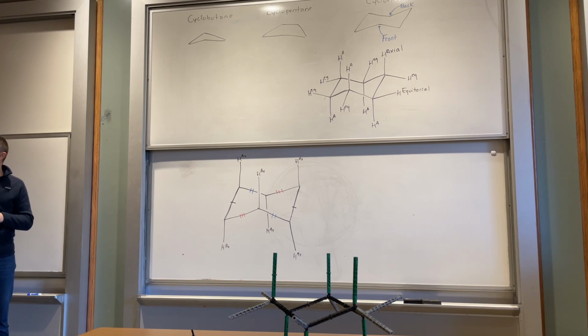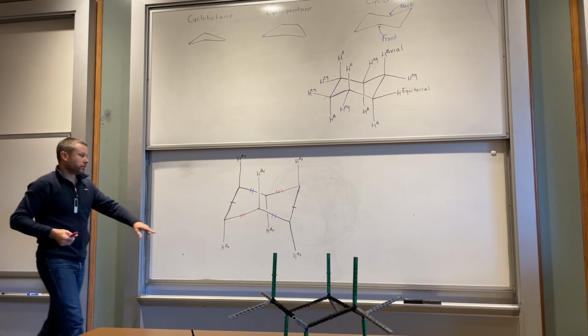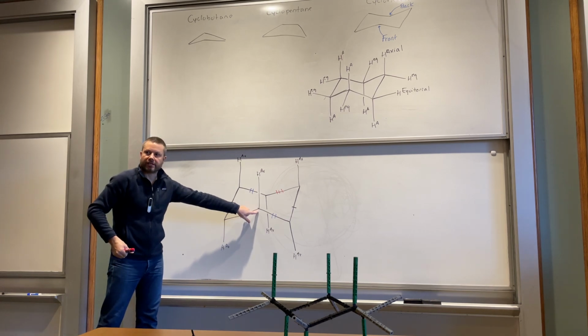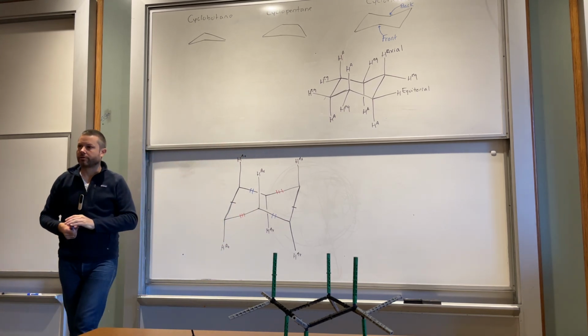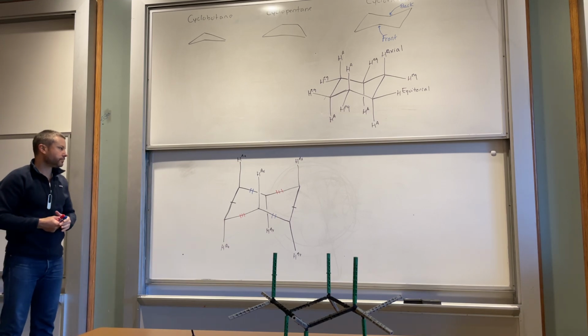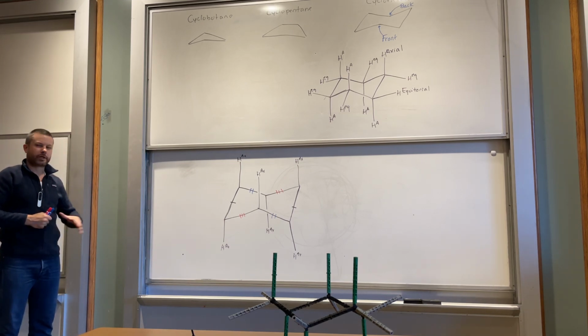All right, so axial substituents are really, really easy to draw. You just follow whichever way the carbon is pointing, and draw a line going straight up or straight down from that carbon. Questions about this?